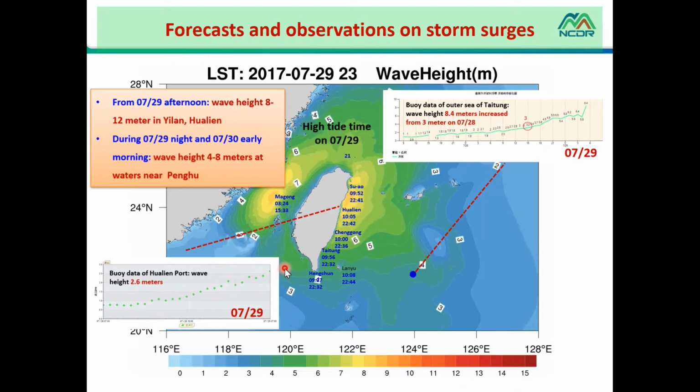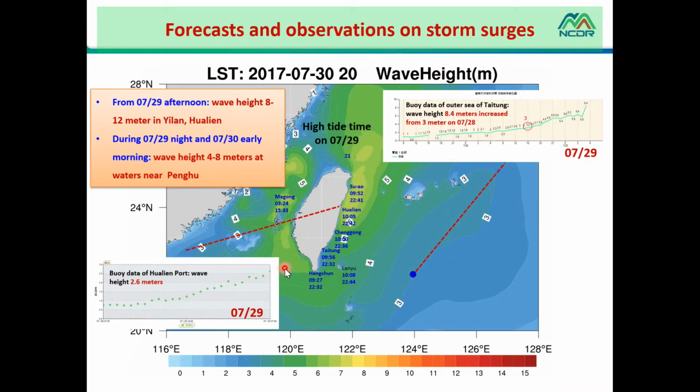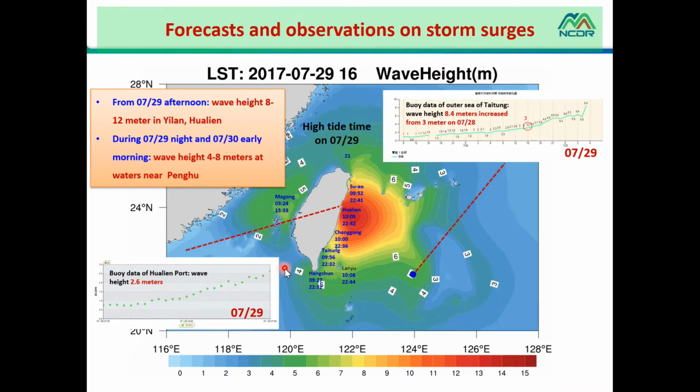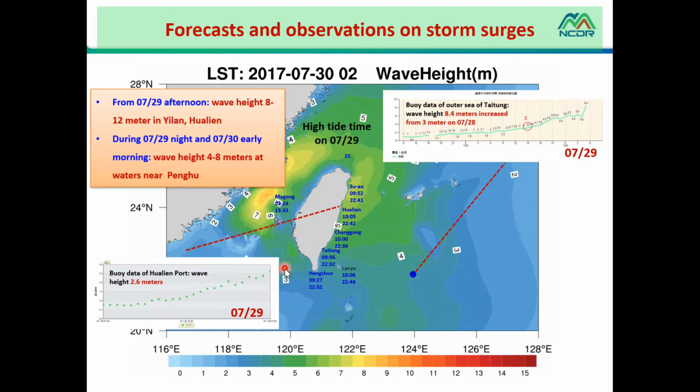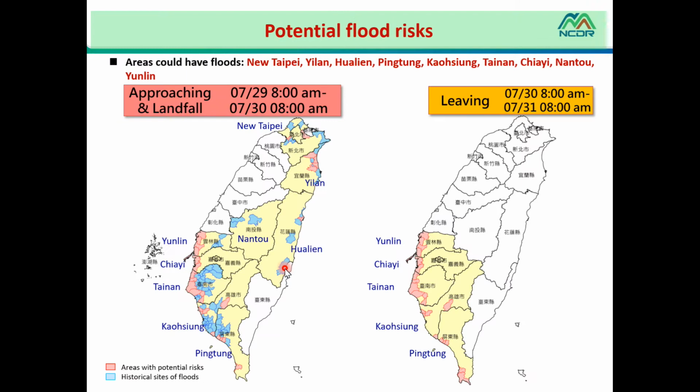And every day we offer a full forecast. But during the time of a typhoon, it helps us understand if high tide plus storm surge will cause floods in low-lying areas along the seashore. I emphasize we have to tell the potential risks of flood. So this is phase one, when the typhoon is approaching and making landfall.